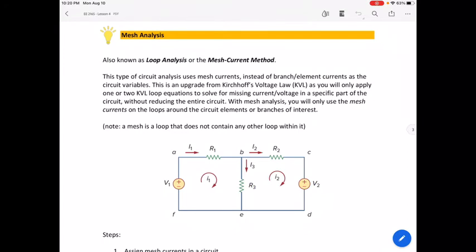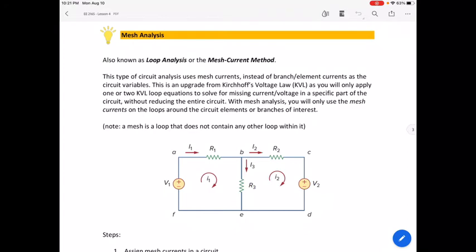So first one is that this type of circuit analysis uses mesh currents instead of node voltages against nodal analysis. And the second one, this particular approach to circuit analysis continues from Kirchhoff's voltage law or KVL. So in the nodal analysis, we have upgraded from KCL.